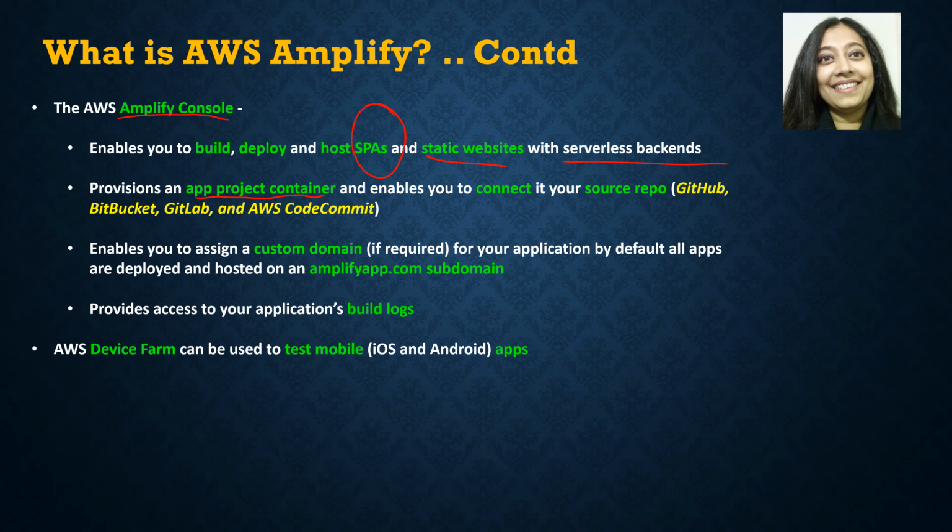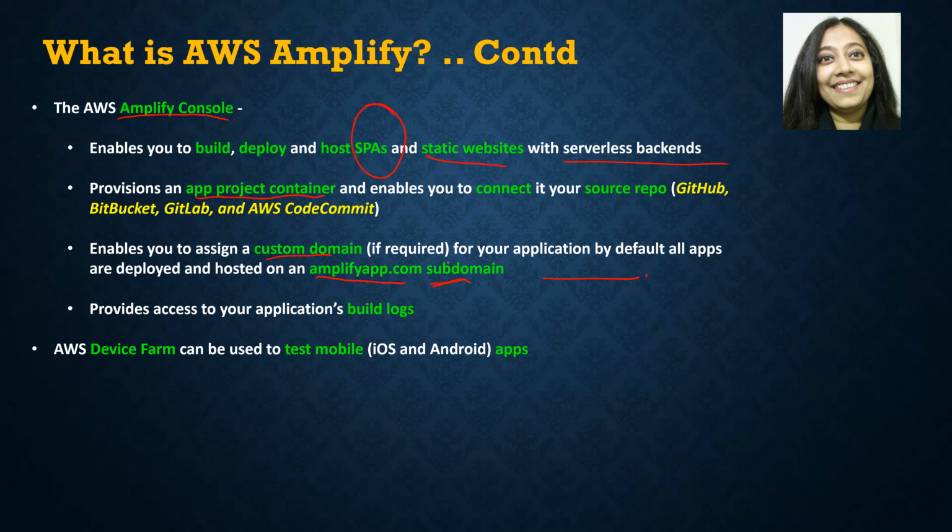This particular console enables you to assign a custom domain if required for your application. But by default, all apps are deployed and hosted under amplifyapp.com subdomain, right? So whatever your app name is, after that, you will have .amplifyapp.com.